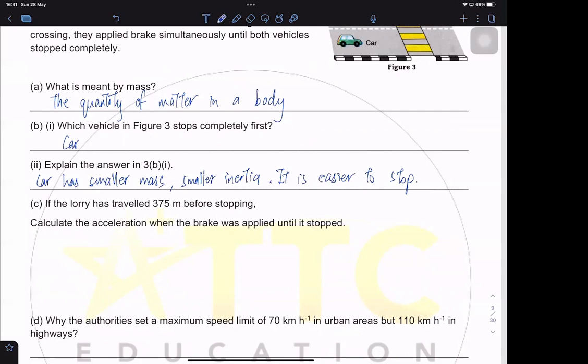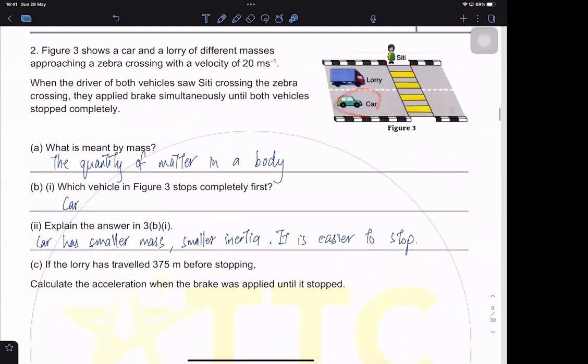Now if both of them are not moving already, both have stopped already, their inertia will say, don't move, don't move. But for the car, because it has a small mass, when the car engine says, move, the car will be like, okay, I move.